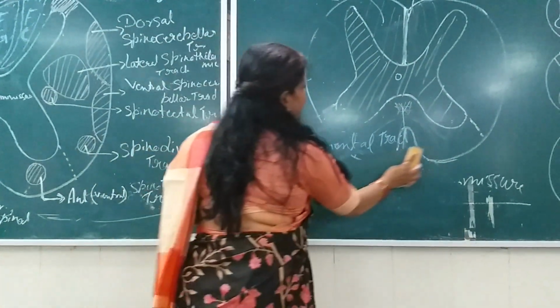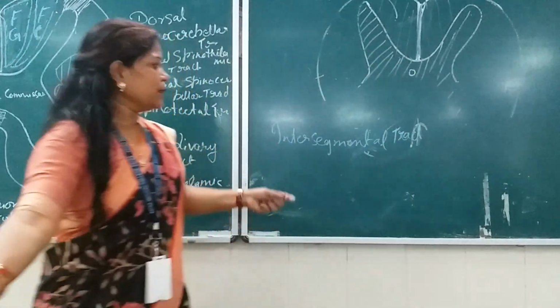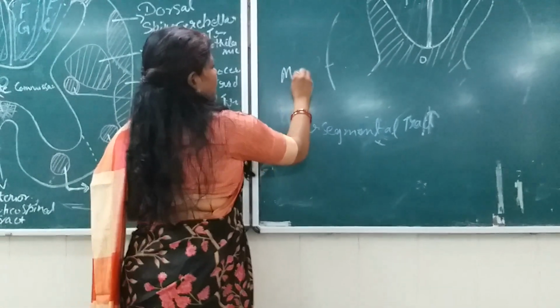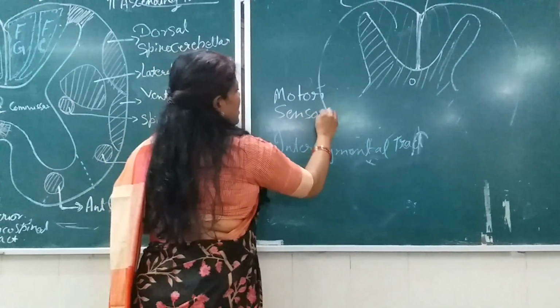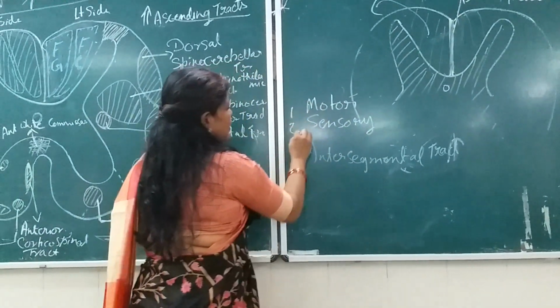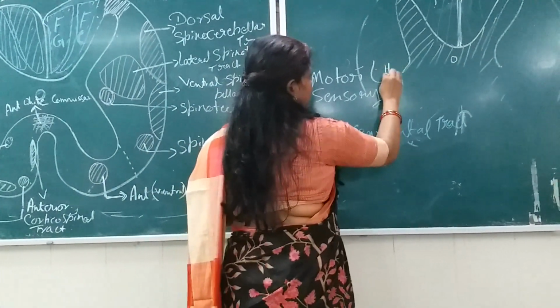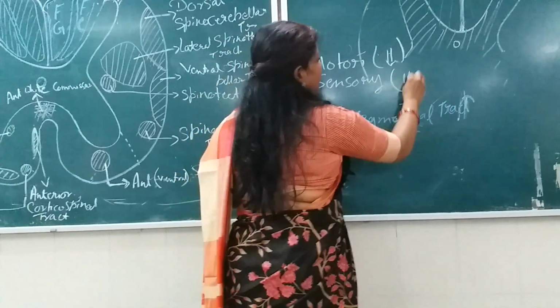It is other than the motor and the sensory. First is motor, second is sensory, and third is the intersegmental tract. Motor is the descending tract. Sensory is the ascending tract.